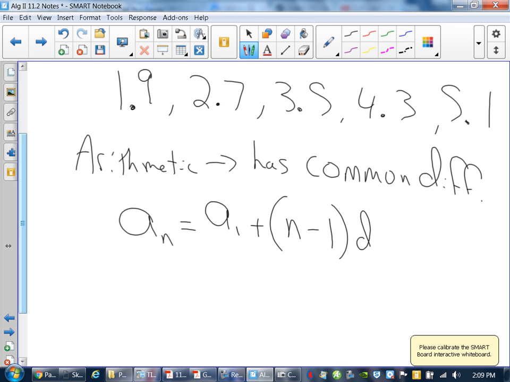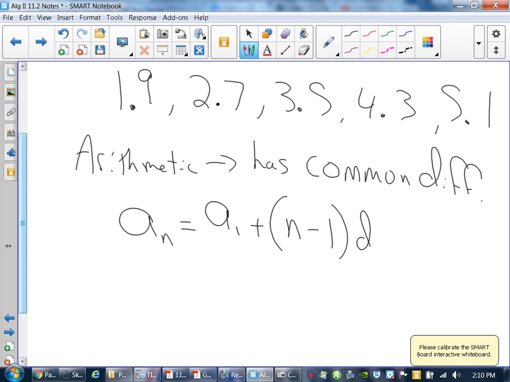The nth term is the first term plus n minus 1 times your common difference. So we're writing out the equation. If we know the first term and the common difference, we just write it out in terms of n.